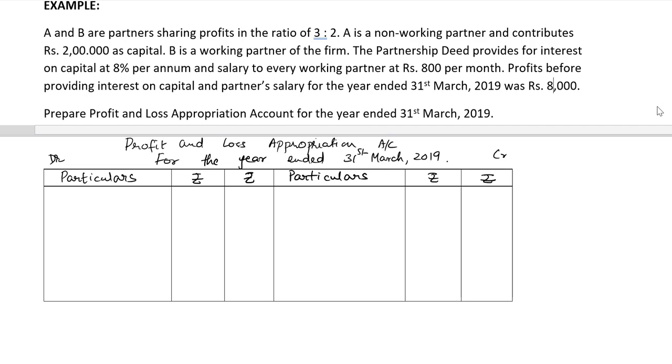The net profit is given as rupees 8,000. Let's bring down the net profit to the P&L appropriation account by profit and loss account. The net profit brought down. This is 8,000 rupees.